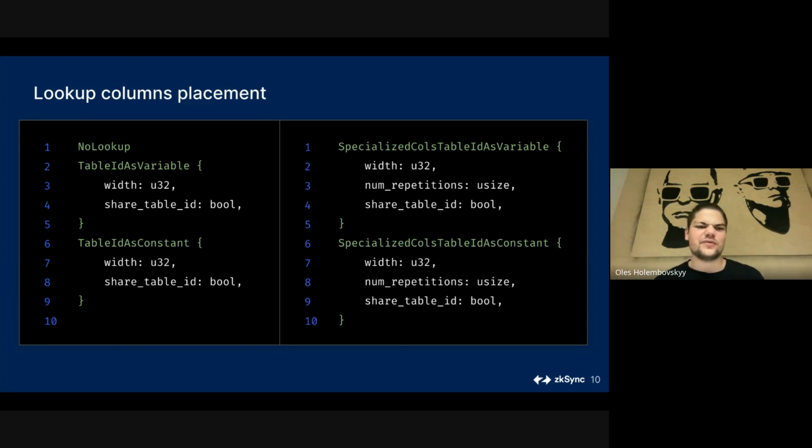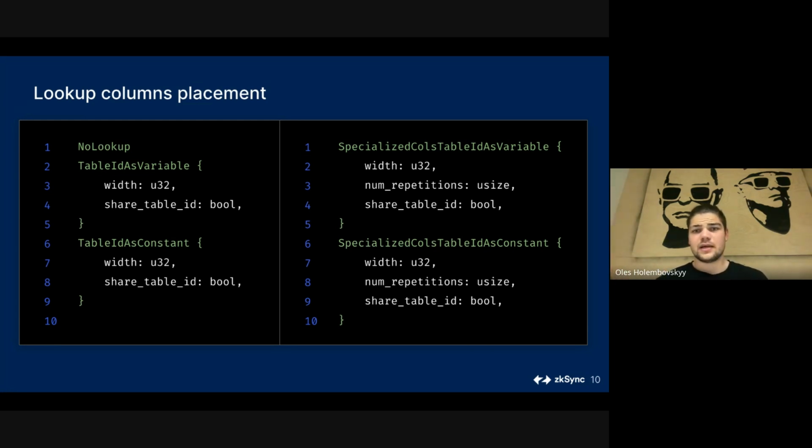Here the lookup ID is very similar to how we work with gate selectors in gates, right? So table ID will just activate some specific lookup table, and you can either go with one table ID for all, like we did in general purpose columns, or you can say I want something specific.